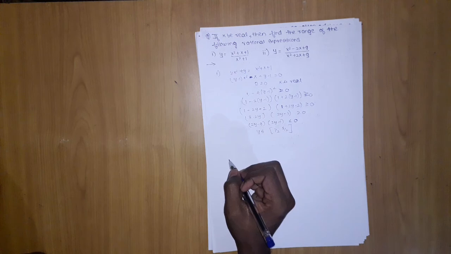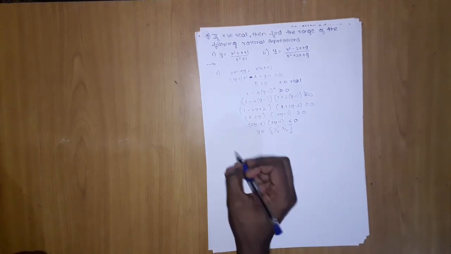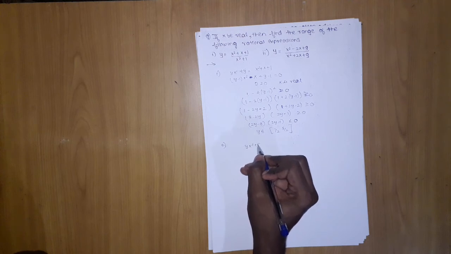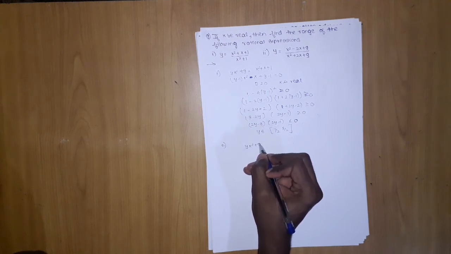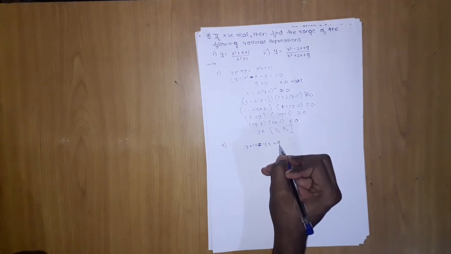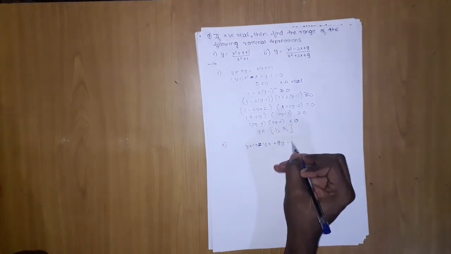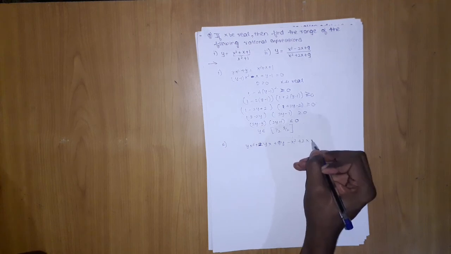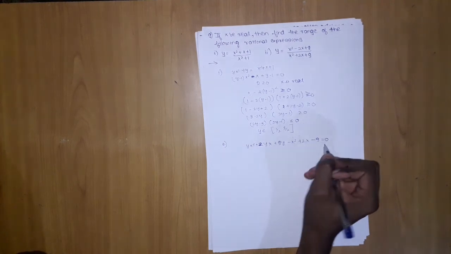Okay, so like this you have to find. Now in the second, what we will do, it will become yx square plus 2yx plus 9y minus x square. I have taken this to this side, this will become plus, and minus 9 equal to 0.